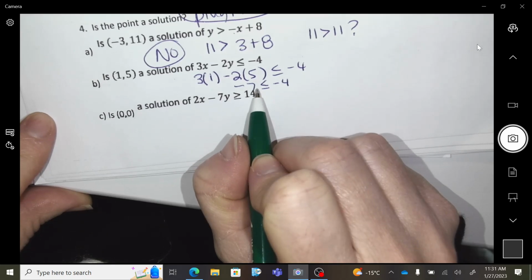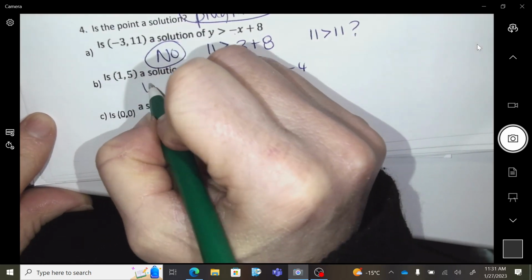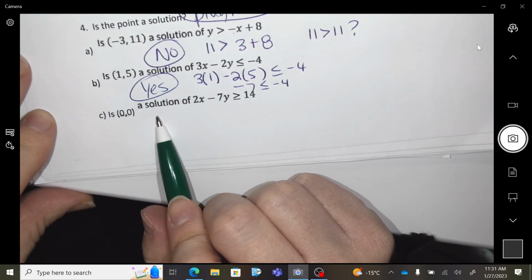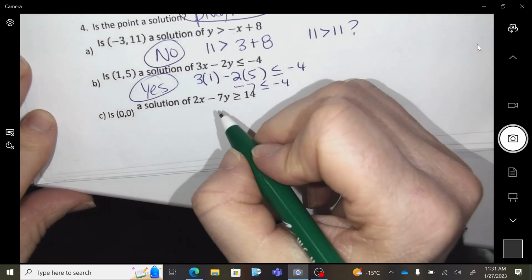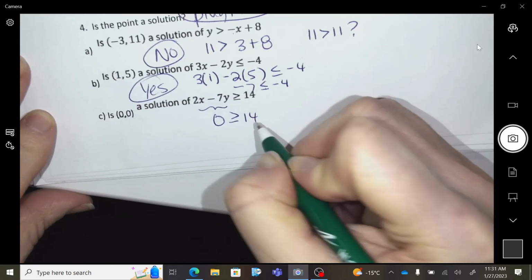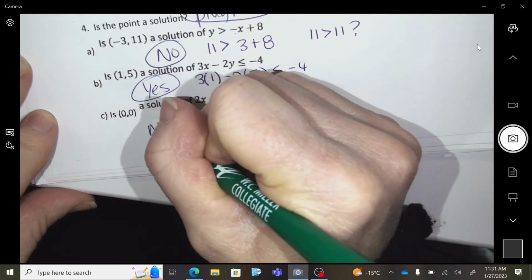Is this -7 less than or equal to -4? Does that work? Yes. Plugging in 0, 0, what would this all come to be? 0. Is 0 greater than or equal to 14? No.